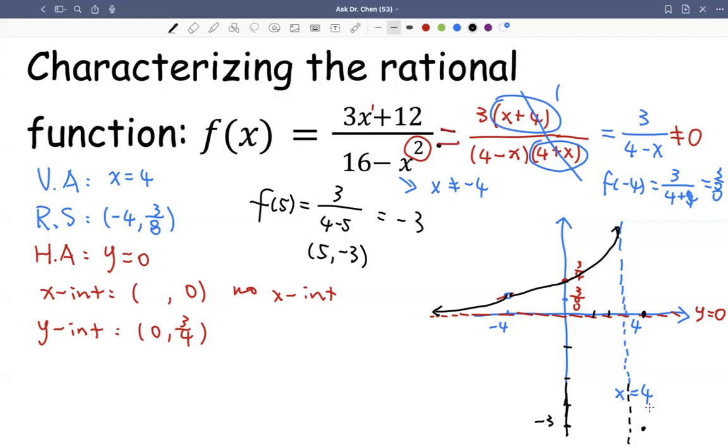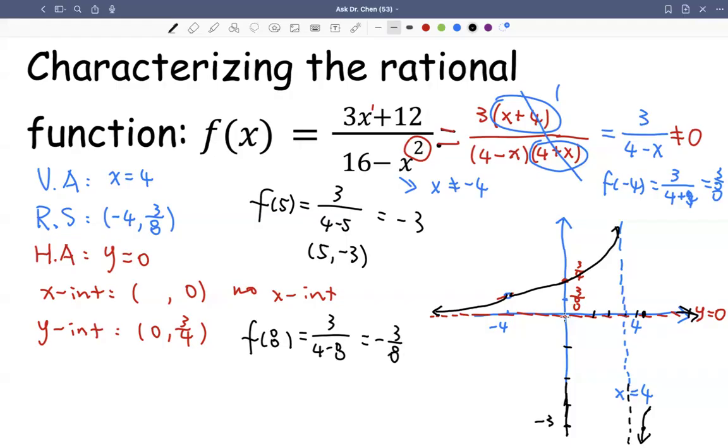So we know this piece gets closer and closer to the vertical asymptote on this side. Then maybe you can evaluate one more, 8. F of 8 equals 3 over 4 minus 8, which is negative 3 over 8.